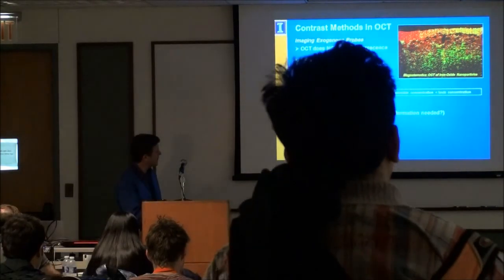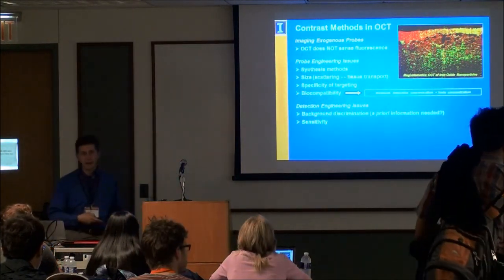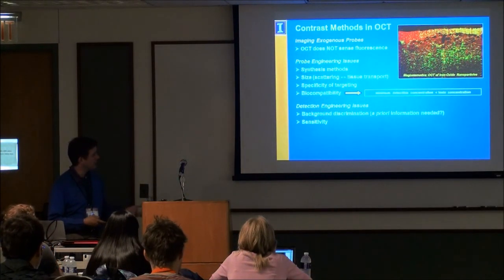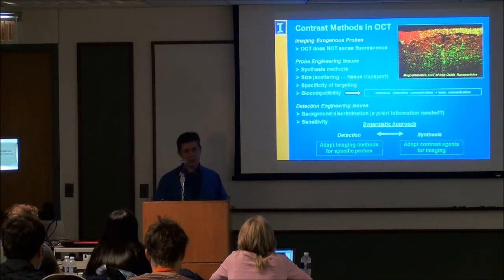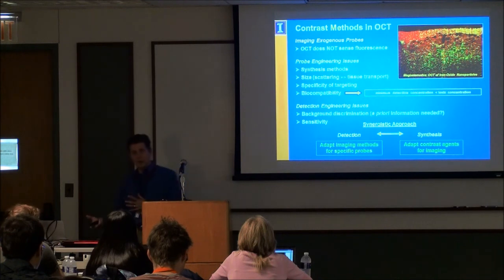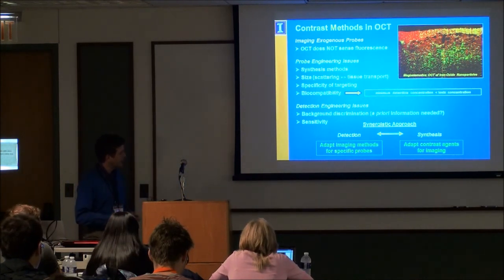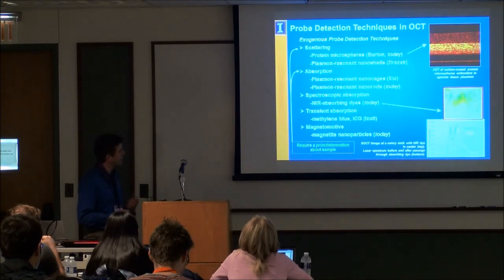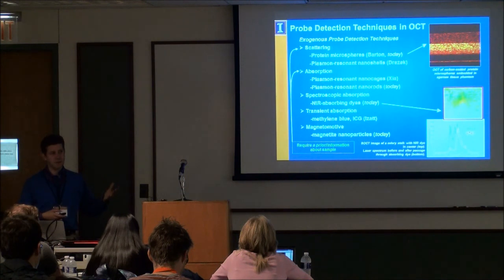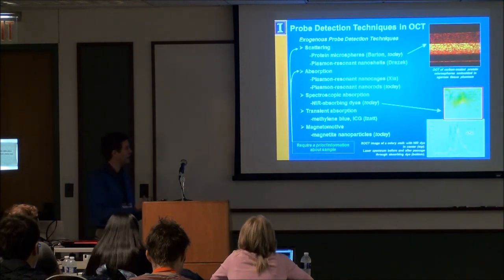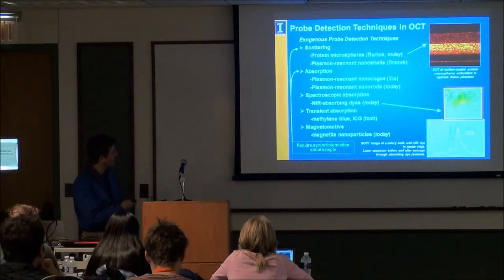So if we think about how we detect those, of course, we've got to somehow be able to discriminate them against the background and also make sure that our system is sensitive enough to detect those. So it's really a synergistic approach: we have to think about new agents and new system designs to be able to come up with these new techniques. If we look at what's been done with exogenous probes, those are agents that are added to a living tissue to provide that contrast.